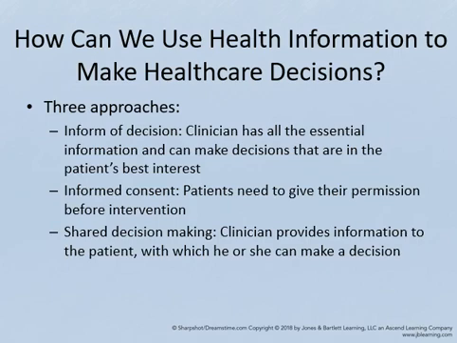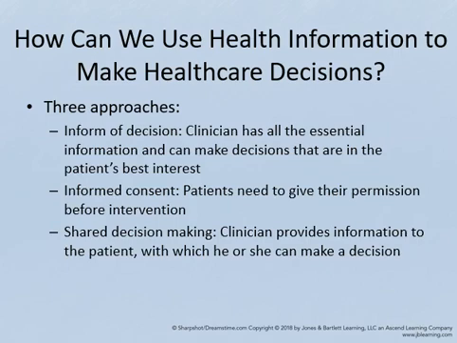Versus shared decision making, where the clinician serves as a source of information for the patient, and the patient can expect to be informed of the existence of a range of acceptable options, but then I also seek additional information about the possible options for treatment, and we as a team make a decision about what I should or shouldn't do. This is shared decision making.